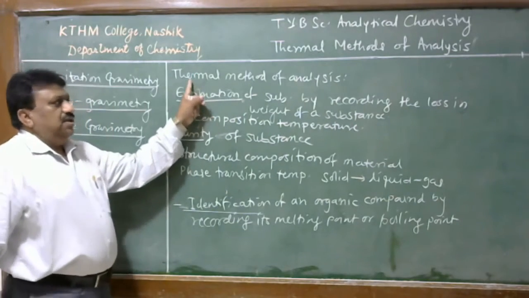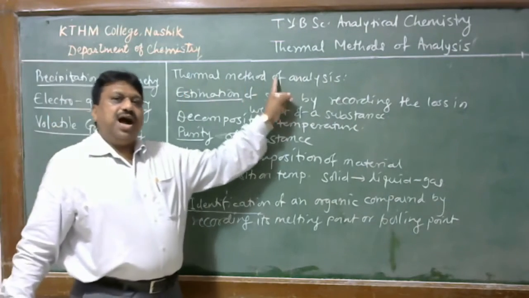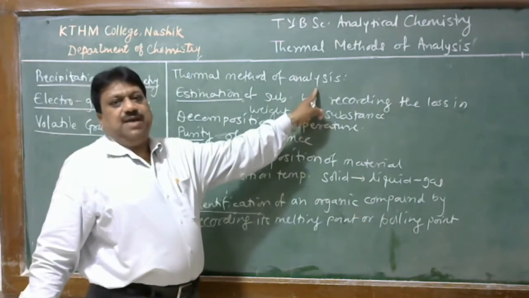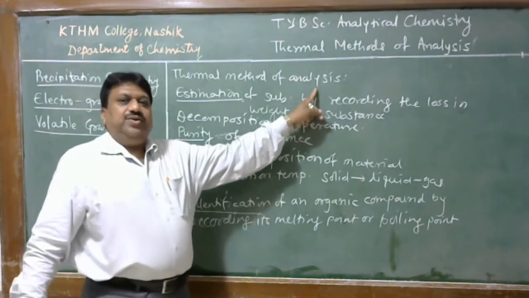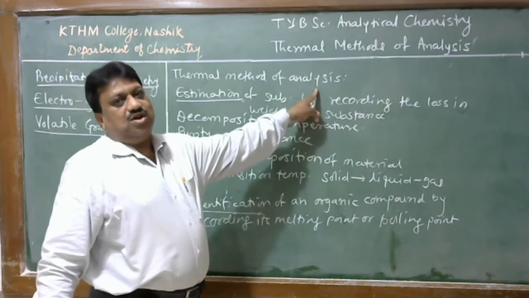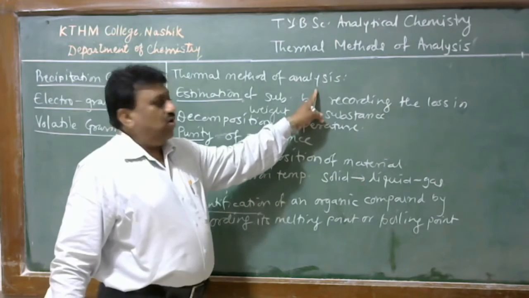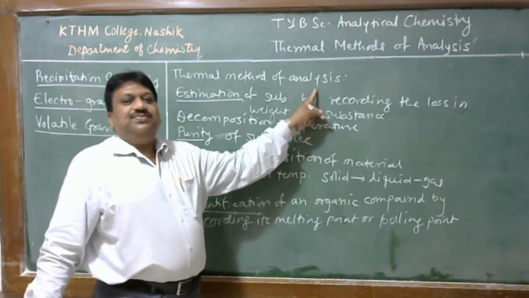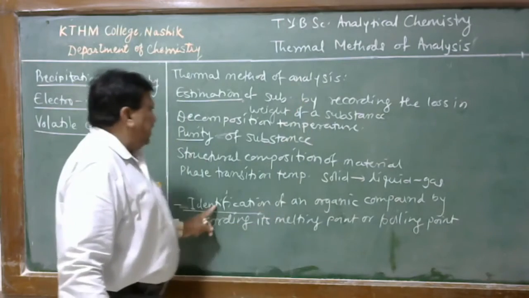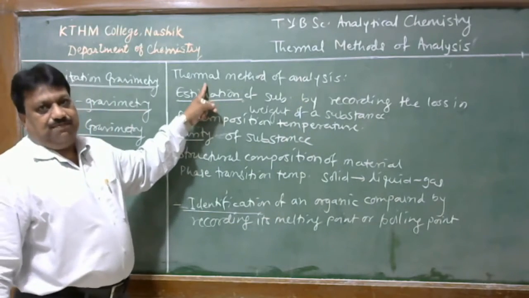Therefore, thermal methods are those methods in which heating and weighing of a sample is carried out. During heating, whatever the change in the substance, that is loss in weight or gain in weight, is recorded. Similarly, other physical and chemical properties of the substance are recorded for identification and estimation of the sample.